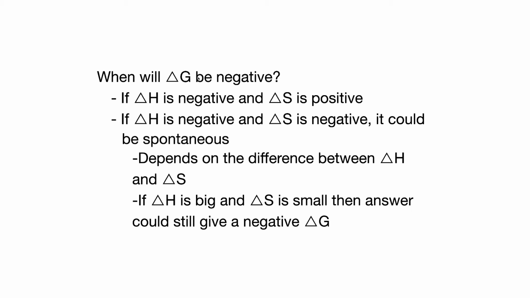Will delta G, will Gibbs free energy be negative? When will it be negative? Well, if enthalpy is negative and entropy is positive, it would give you something negative. Let's put this equation on here so we can take a look.